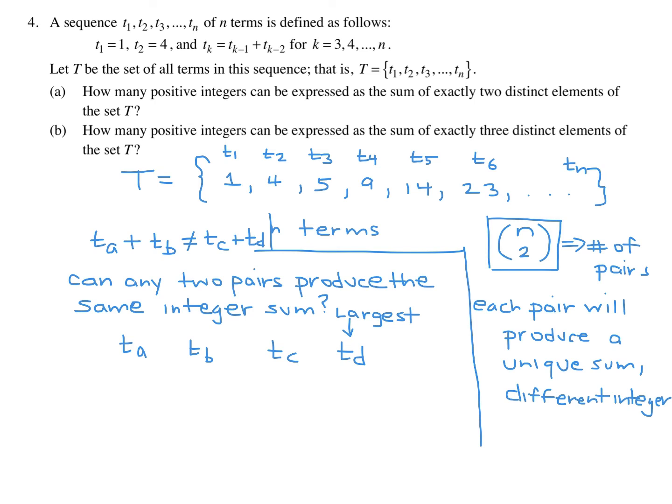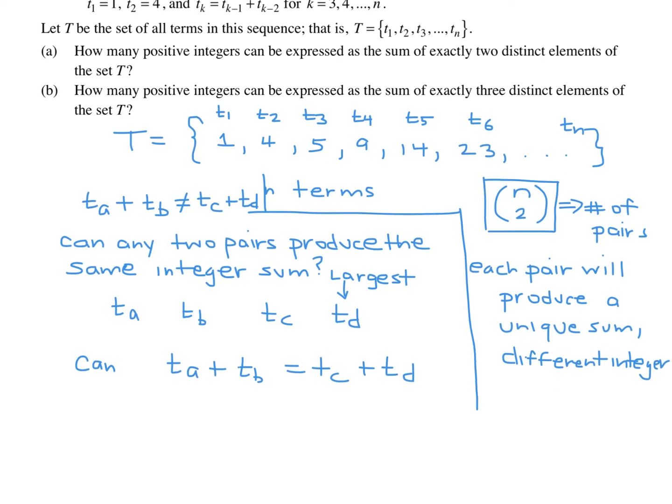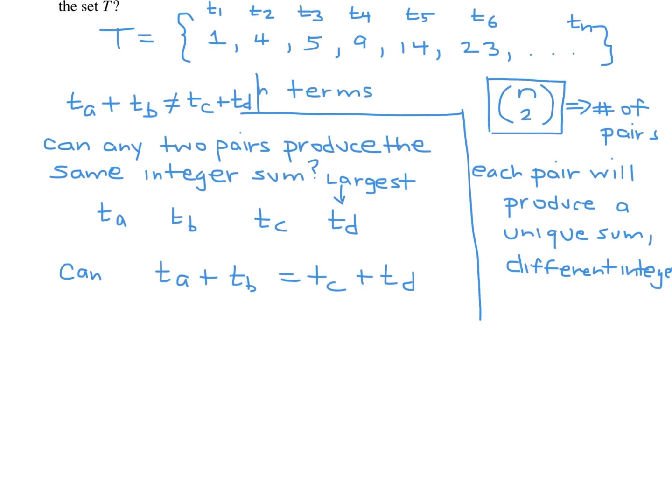Okay. So now I have to figure out, can TA plus TB equal TC plus TD? Yes or no? I don't know. We have to figure this out. And throughout this, I will use some of these numbers, otherwise it'll become a little too abstract. So let's see here.